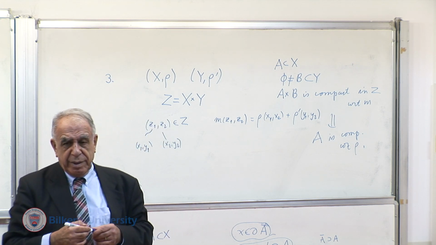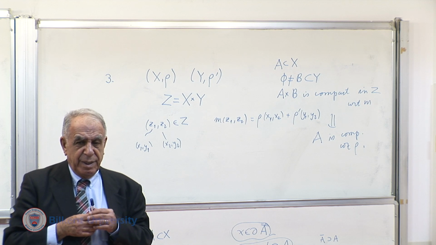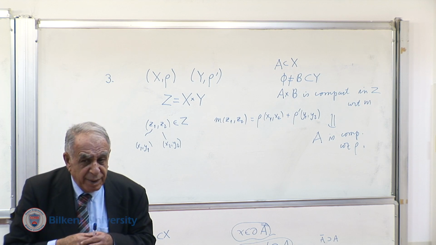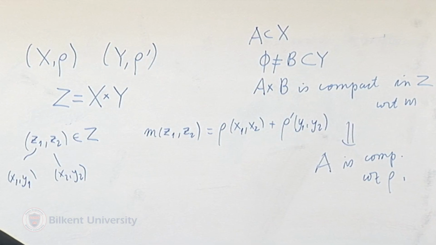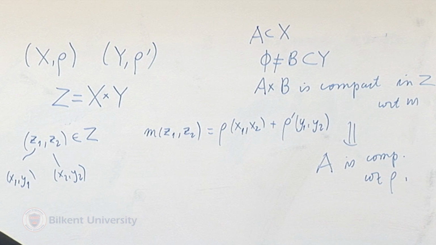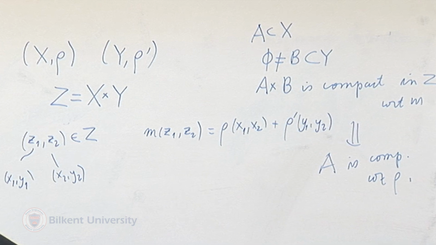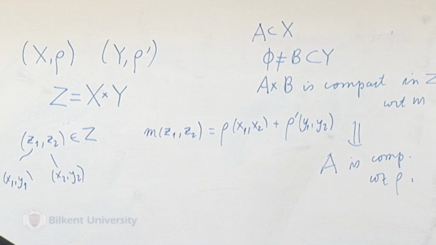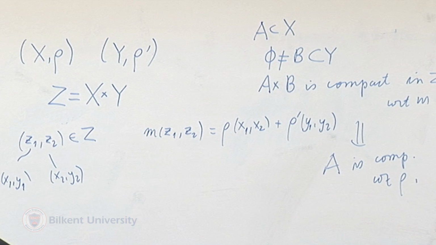How did you solve this? How did you prove it? Using the sequence. The definition with the sequence. The easiest way is using sequences. In fact, it becomes very easy in that case.